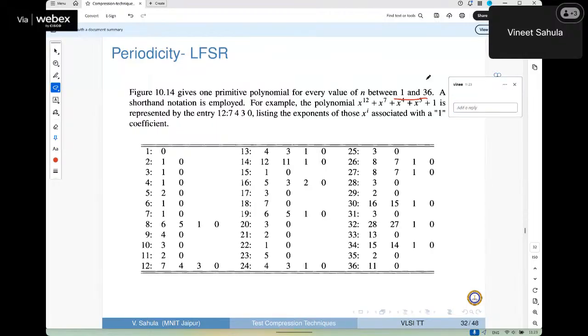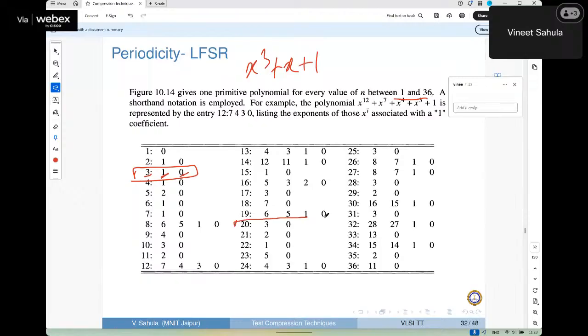For a 3-stage LFSR, the polynomial could have powers 3, 1 and 0: x cubed, x and 1.